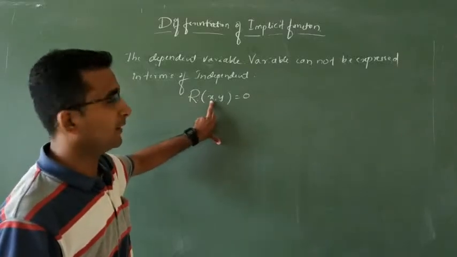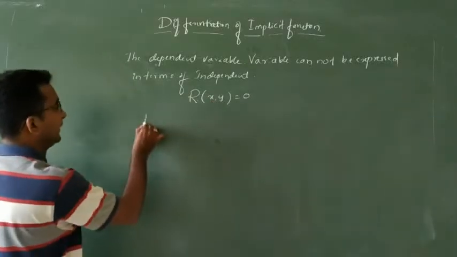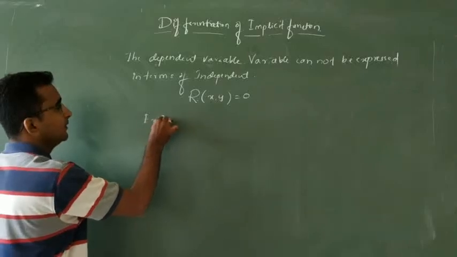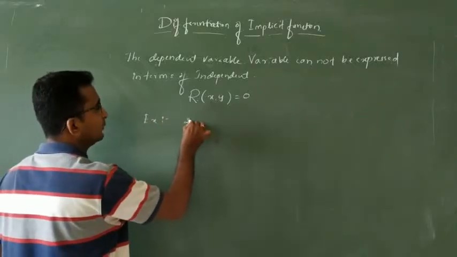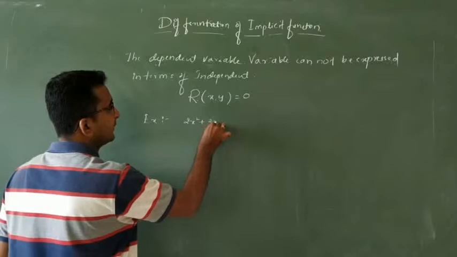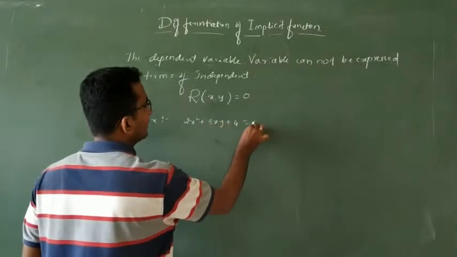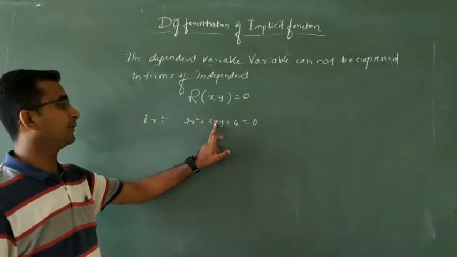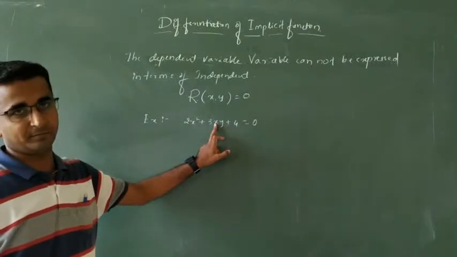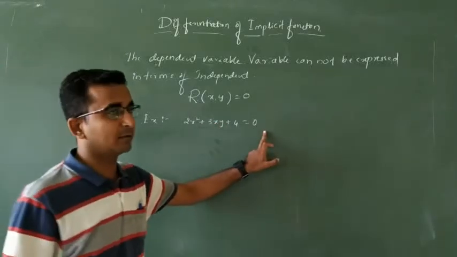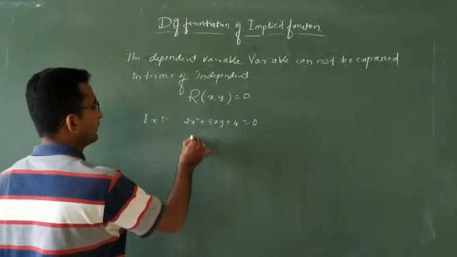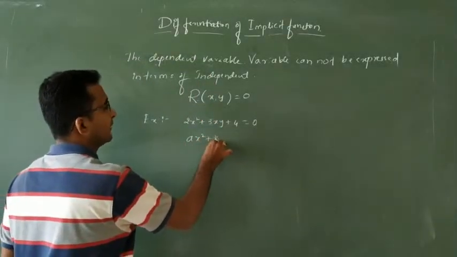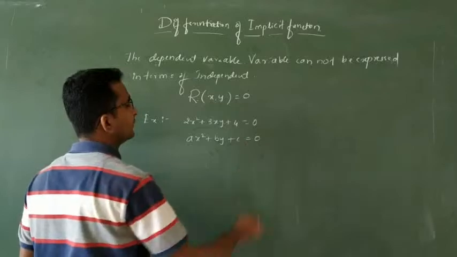For example, they might give 2x square plus 3xy plus 4 is equal to 0. This is one where the dependent is together with the independent. Or else they can give ax square plus by plus c is equal to 0.